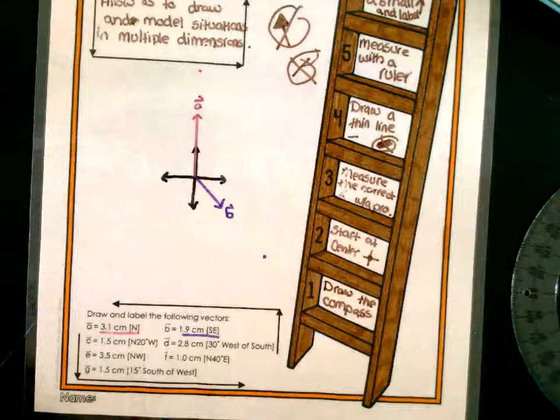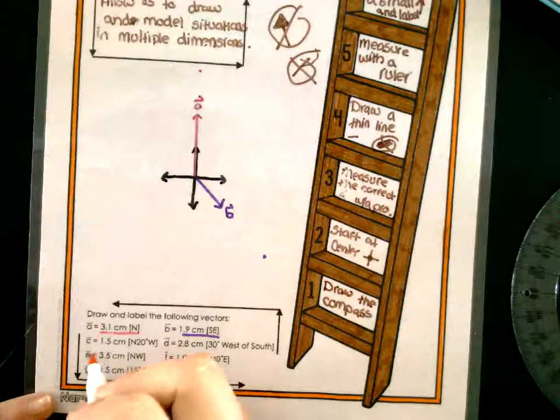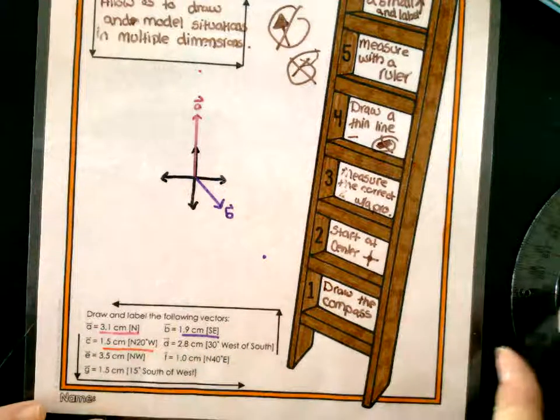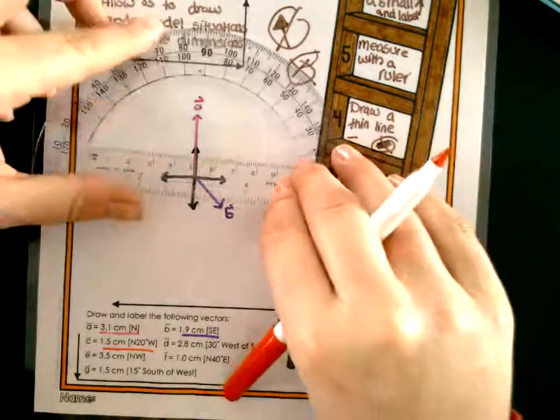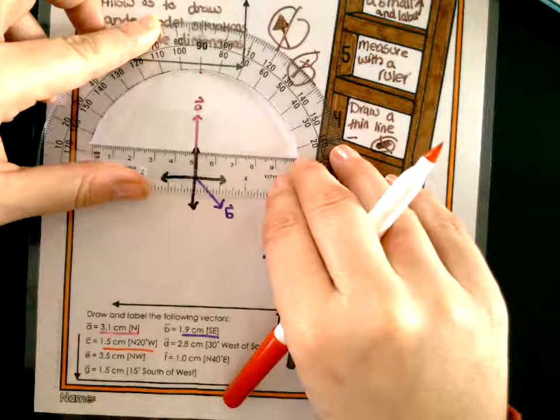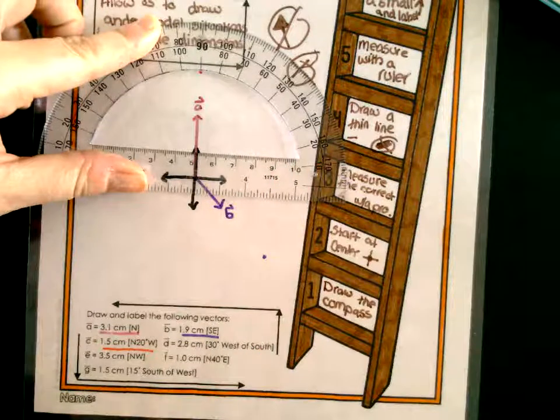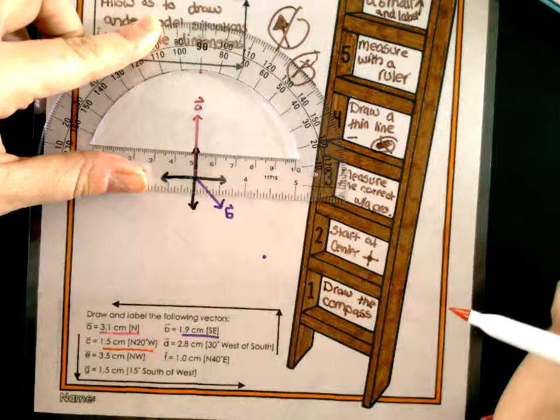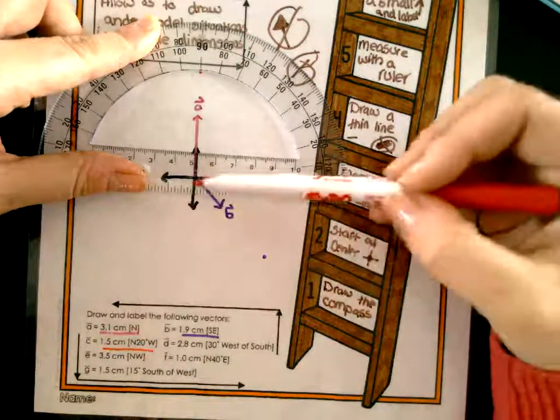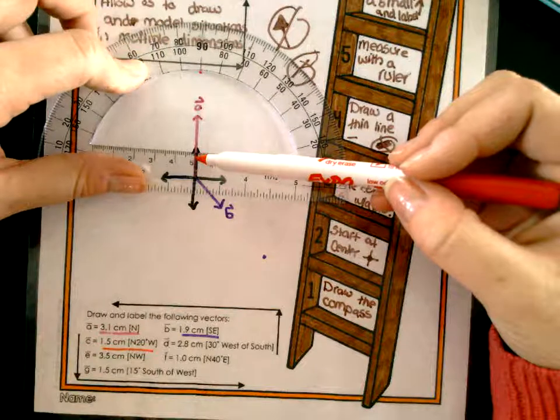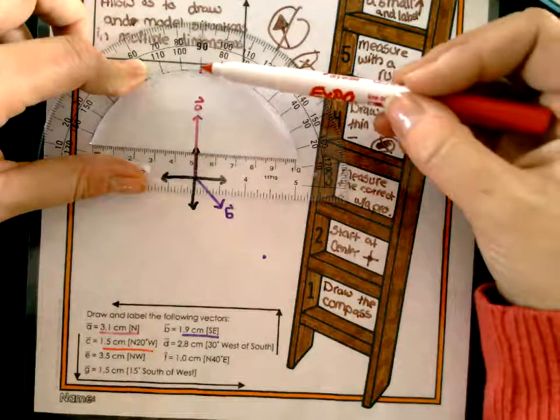All right. Number C can be confusing. So number C says it's 1.5 centimeters north, 20 degrees west. So we're going to start at the center. I'm going to go to the correct angle. So I'm going to go north, and then I'm going to go 20 degrees west of north.